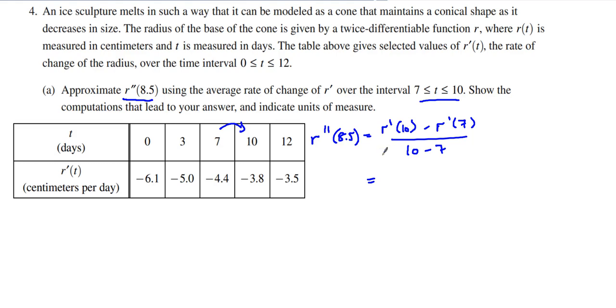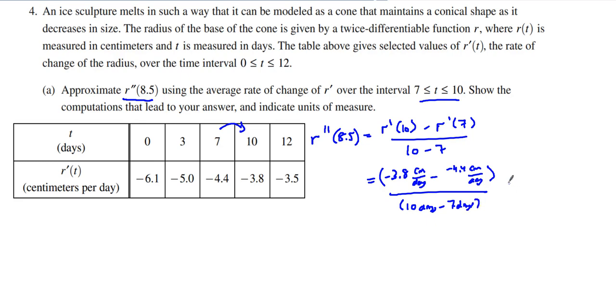And so you can see r prime of 10 is negative 3.8 centimeters per day. I'm going to be particular about my units here. Minus r prime of 7, which is negative 4.4 centimeters per day. And on the bottom, we have 10 days minus 7 days.